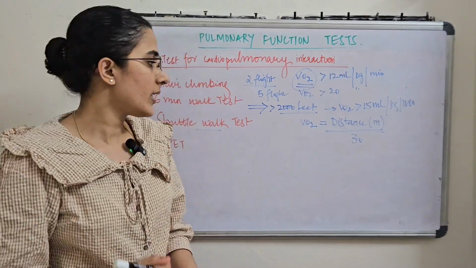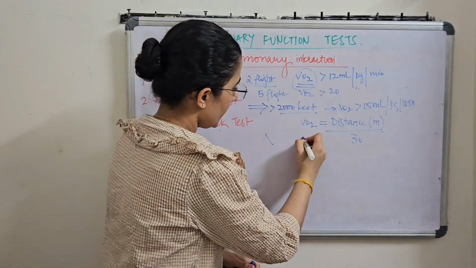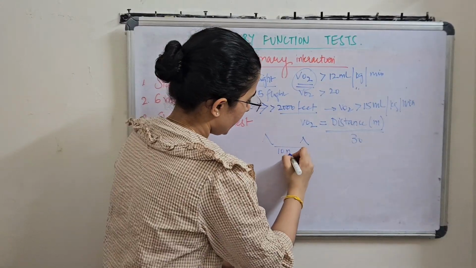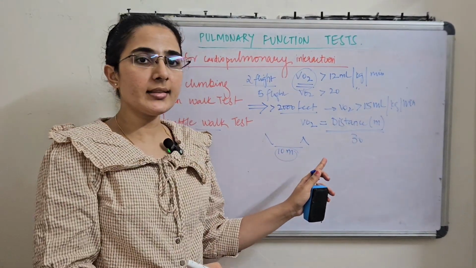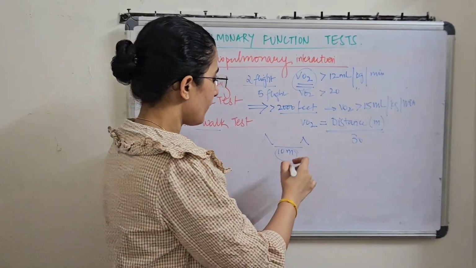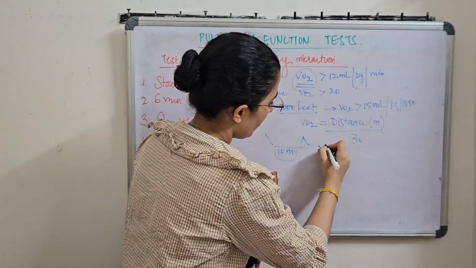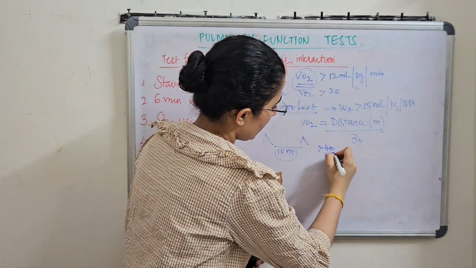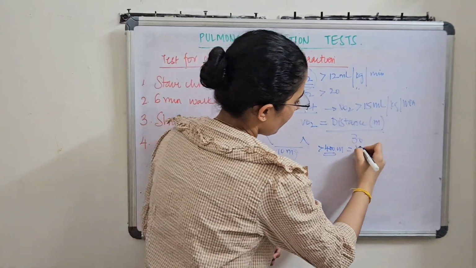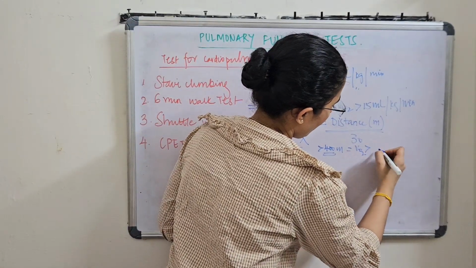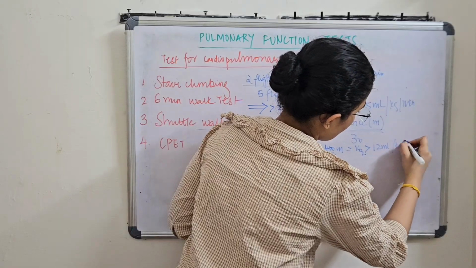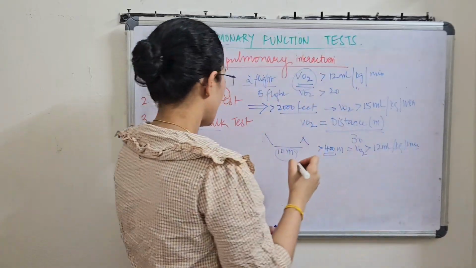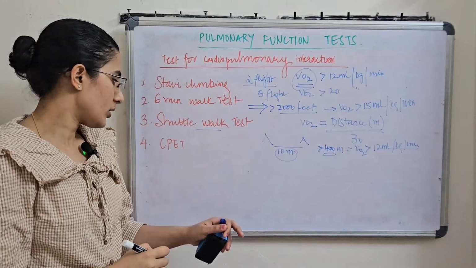In the shuttle walk test, there are 2 cones which are separated by 10 meters, and we see the distance that is travelled. If they are able to travel more than 400 meters, then their VO2 will be more than 12 ml per kg per minute. So this is the shuttle walk test.